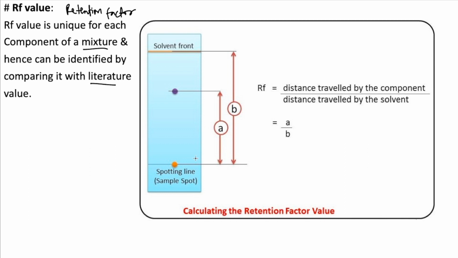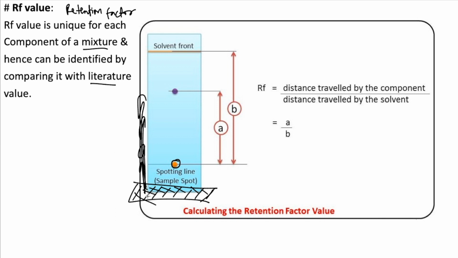So let's say this is the paper which we have, and this is the spot of the sample you want to do the chromatography on. Now you will dip this into the liquid. So this is the liquid, or the solvent, which I am dipping. Slowly this solvent will rise into the paper, right? You will keep it for, let's say, 1 hour, 2 hours, 3 hours.